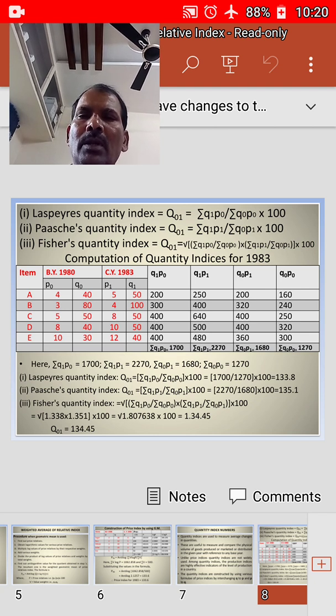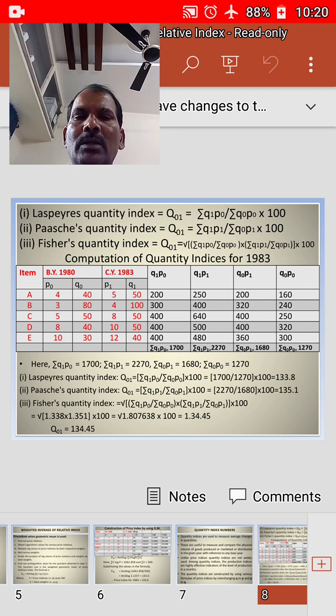Then Q1 P1, that means quantities of the current year multiplied with the prices of the current year. That is 5 into 50 is 250, 4 into 100 is 400, 8 into 80 is 640, 10 into 50 is 500, 12 into 40 is 480.